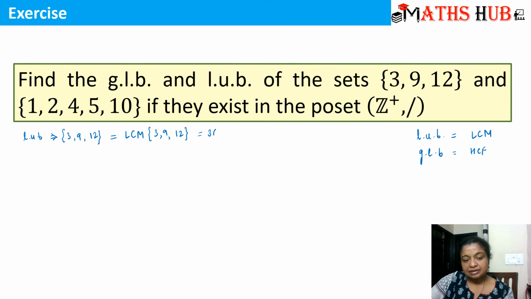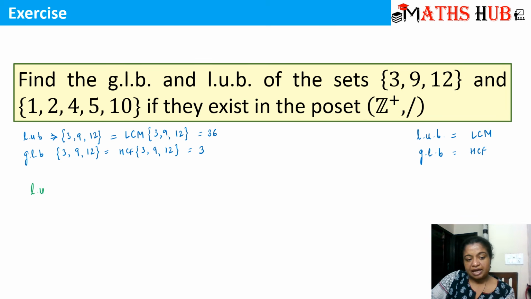It is 36, right? Similarly, if I have to calculate the GLB of 3, 9 and 12, I need to calculate the HCF of 3, 9 and 12. And what is the highest common factor? It is 3, right? Similarly, let's calculate for the second subset.